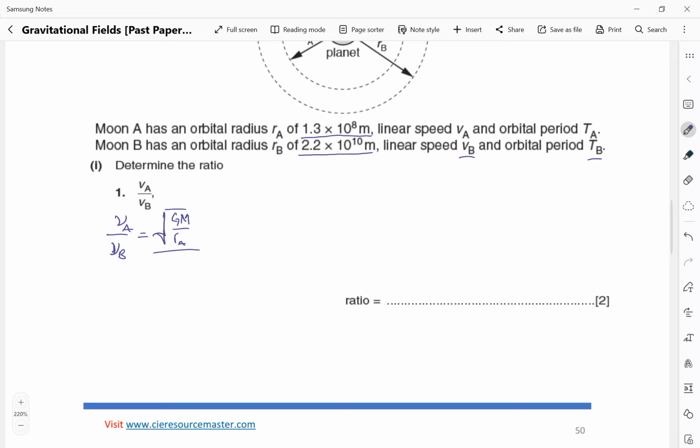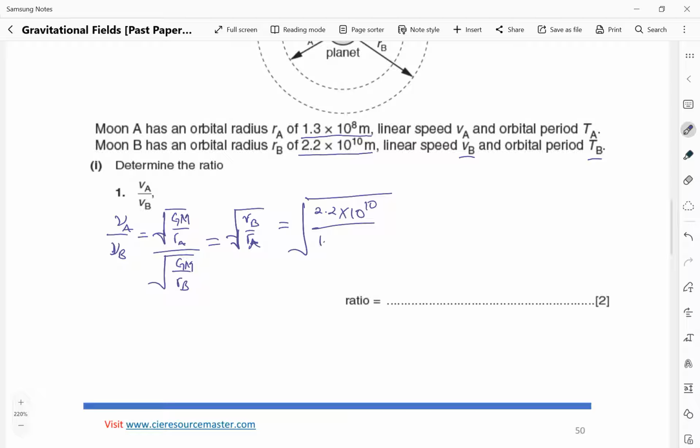Then divide by the root of GM over R for B. Of course, GM cancels out and RB goes up, so it becomes the square root of RB divided by RA, which is going to be the square root of RB is 2.2 times 10 to the power of 10.